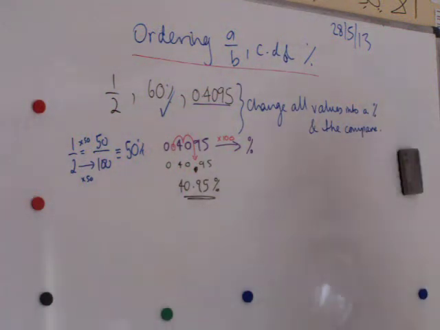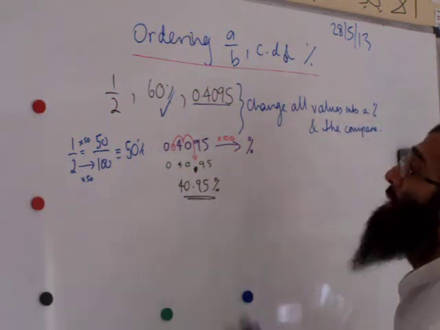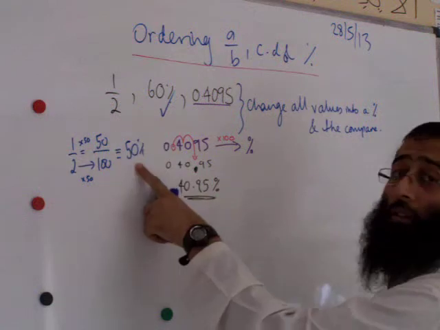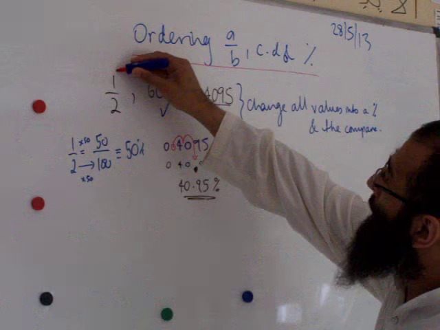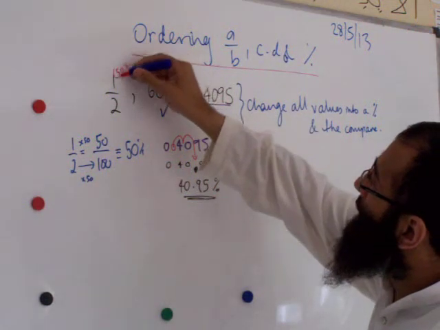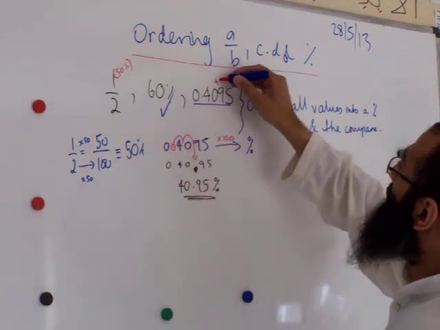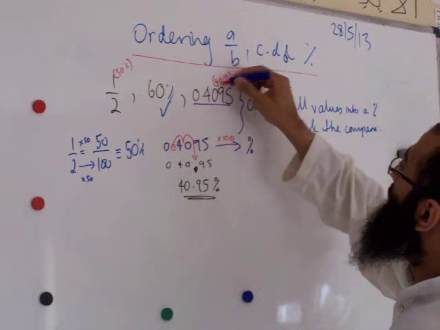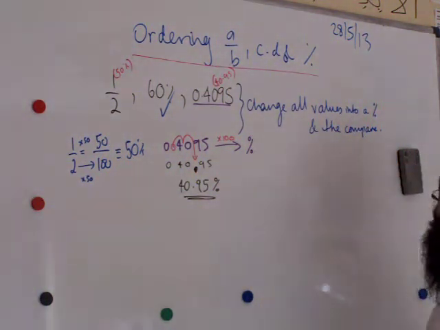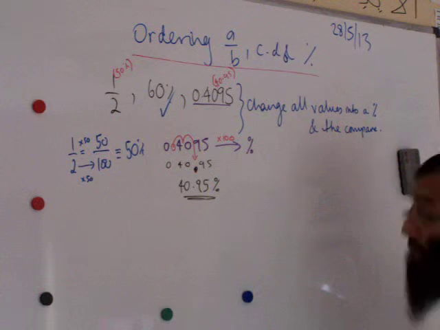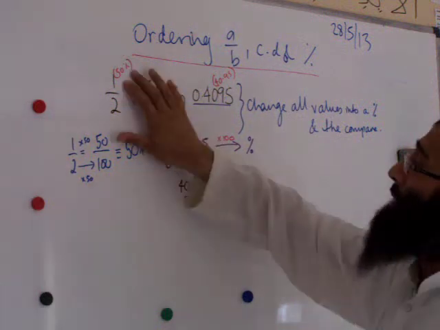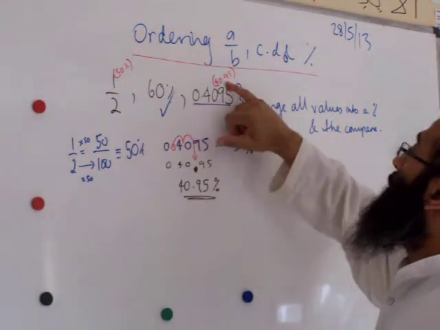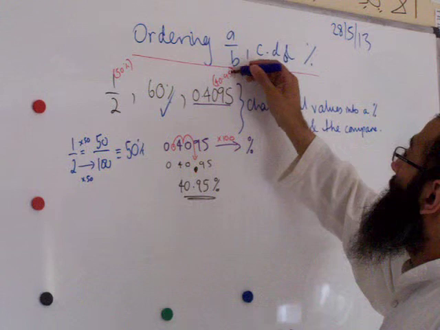Now we have converted this fraction into a percentage and this decimal into a percentage. So let's write it in red at the top, in small. What we need to do now is number them. So we have 50%, 60%, 40.95%.